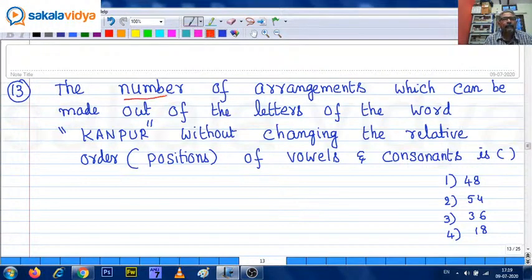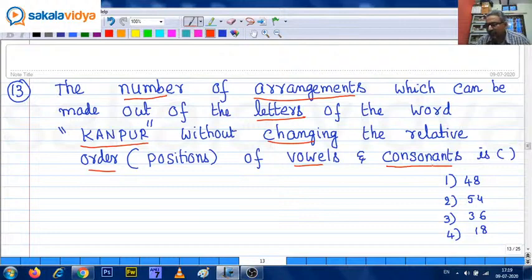The number of arrangements which can be made out of the letters of the word KANPUR without changing the relative order of vowels and consonants. That means vowels must be arranged in the vowel places, and consonants in their respective positions. First, write down the number of letters.